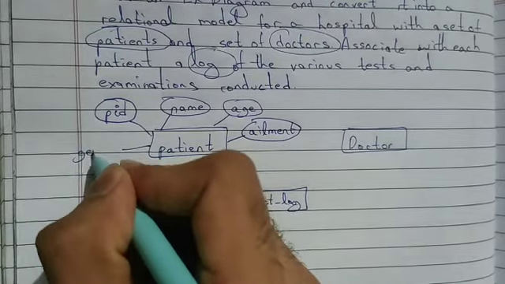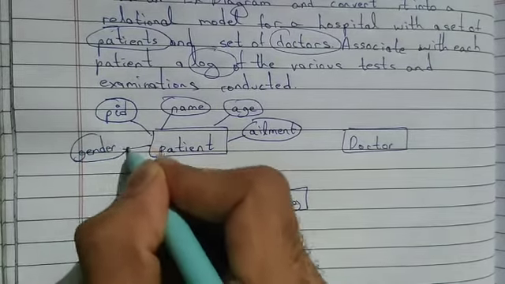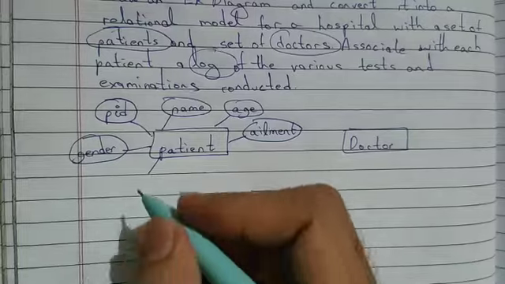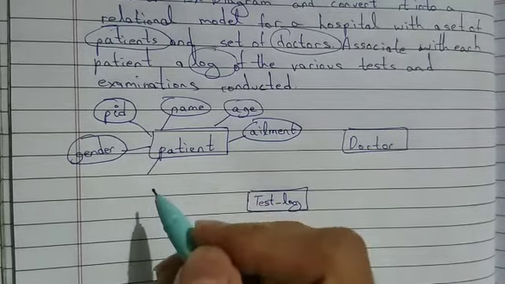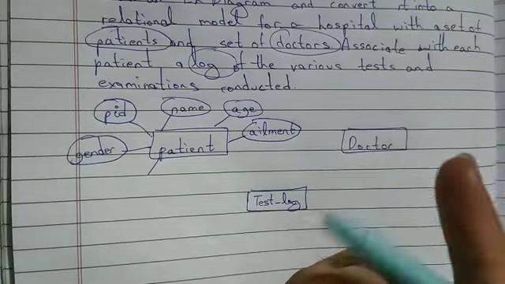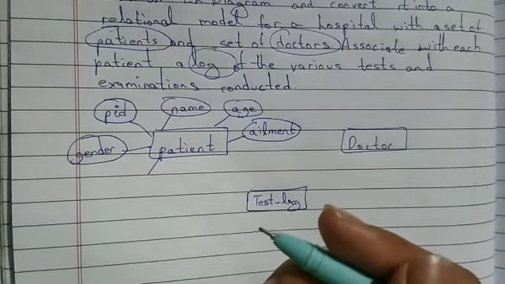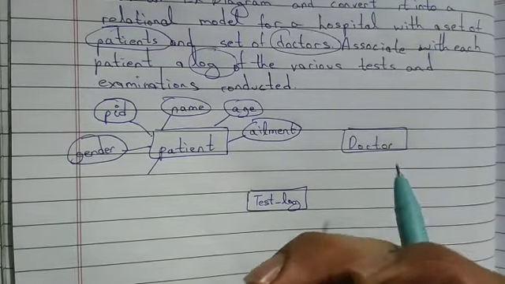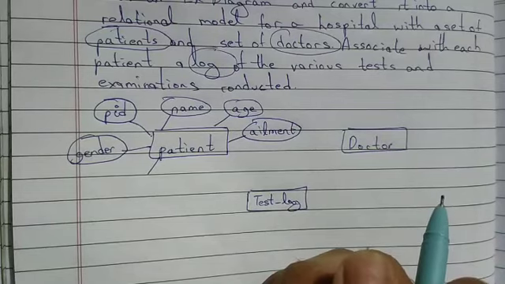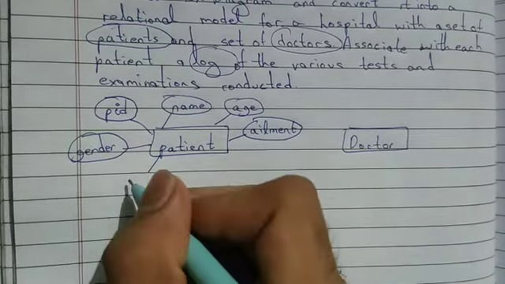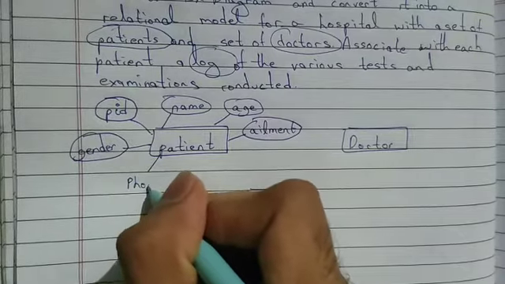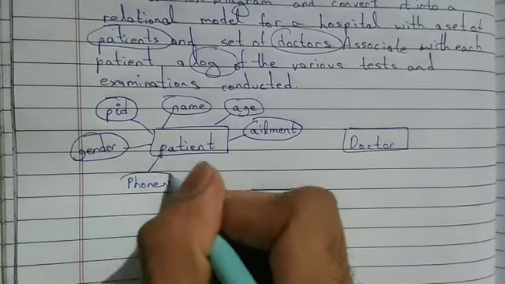Gender. I guess we can also add name, age, ailment, gender, PID. I guess we'll also need contact details, no? So we can add a phone number, for example.